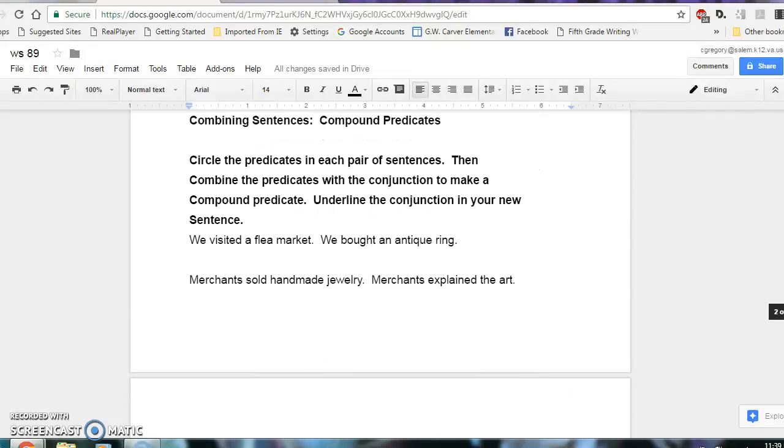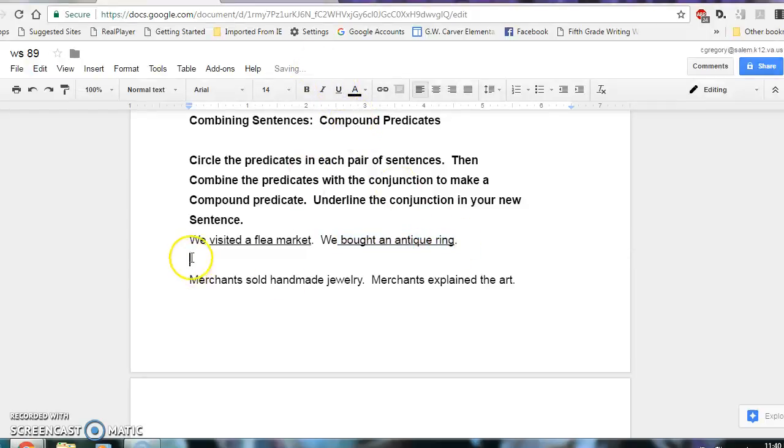Compound predicates. All right, again, I can't circle them, so we will just underline. We visited a flea market. We bought an antique ring. So here we have the predicates, visited a flea market, bought an antique ring.